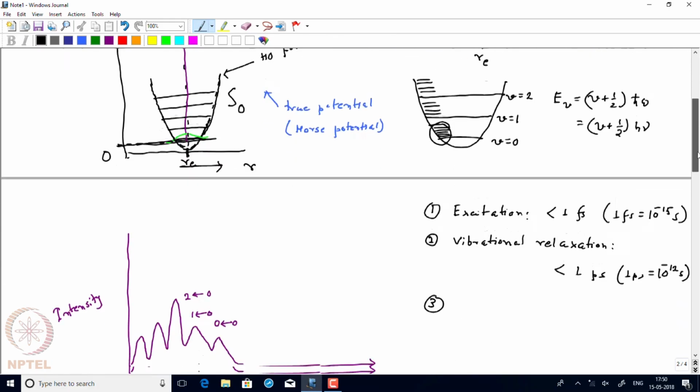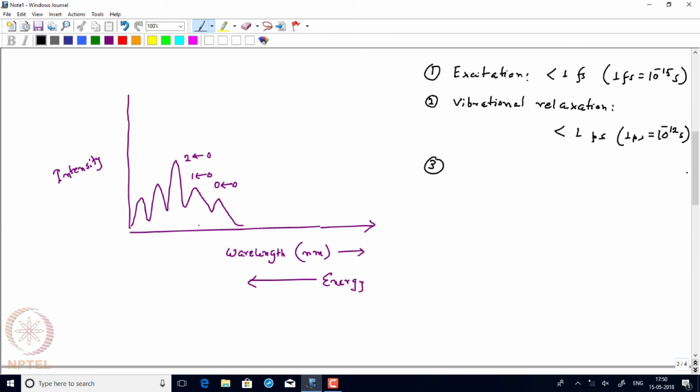So we call this vibrational relaxation extremely fast, and everything arising from this v equal to 0 follows a rule known as Kasha's rule. This is after Michael Kasha, who described this phenomenon in this way, with the approximation that vibrational relaxations are fast, which is a fairly good approximation.